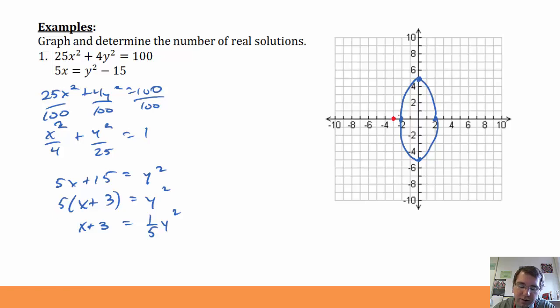When y is 5, x is 2, and then I've got symmetry down at negative 5 as well. Okay, so there's my parabola. How many points of intersection do I have? Well, I've got 4 of them. 1, 2, 3, 4. So how many solutions will the system have? It will have 4 unique, distinct, real solutions.